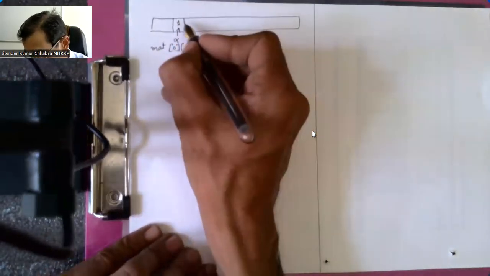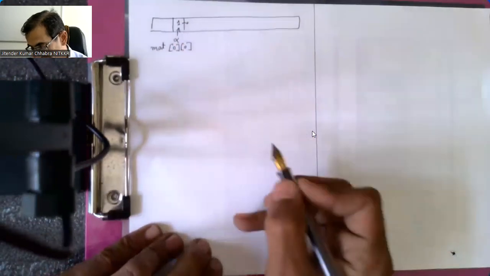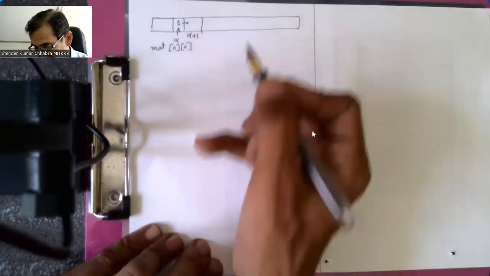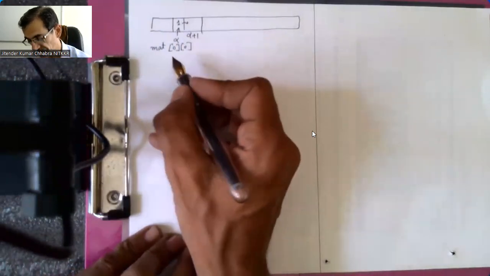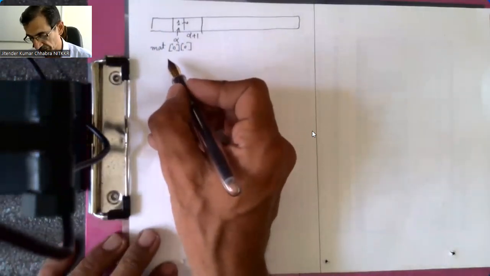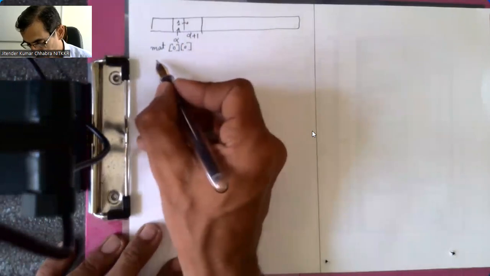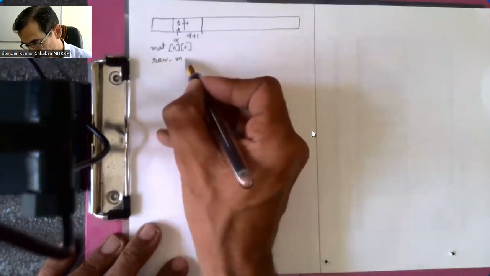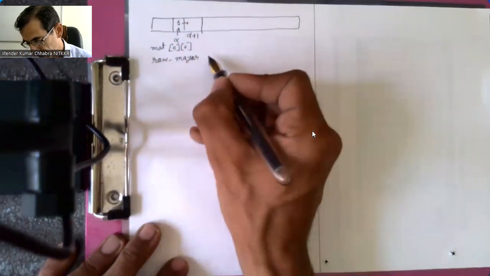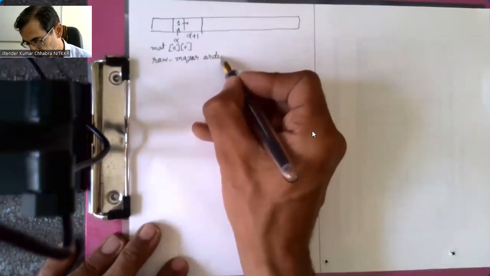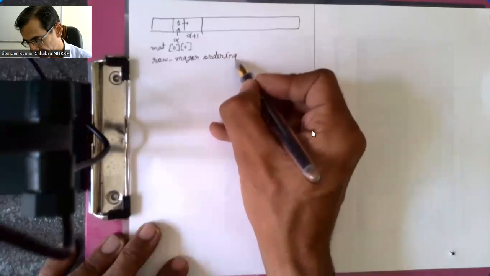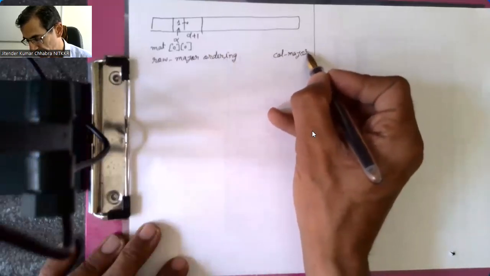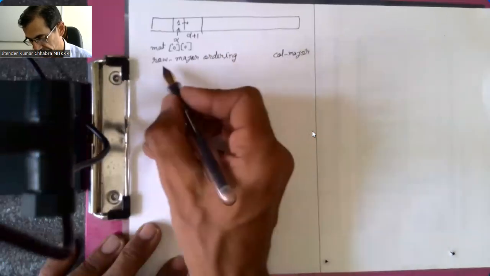Now, after this, at the next address, that is alpha +1, which element will be stored depends on the storage methodology. There are two methodologies. One is called row major ordering, and the other is called column major ordering.